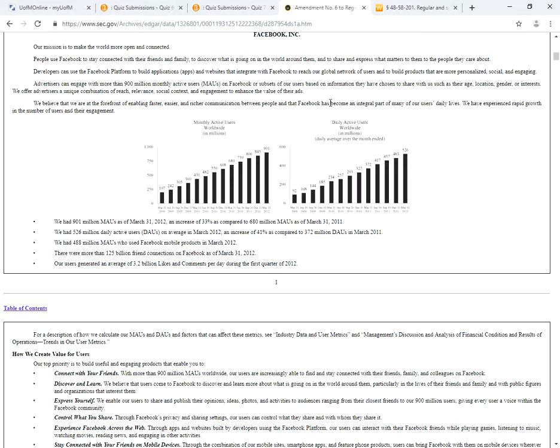What I didn't pick up from the question is the next one down here. It says we had 526 million daily active users, DAUs, on average in March 2012, an increase of 41% as compared to 372 million DAUs in March of 2011. And so I incorrectly assumed that the MAUs was the answer we were looking for.